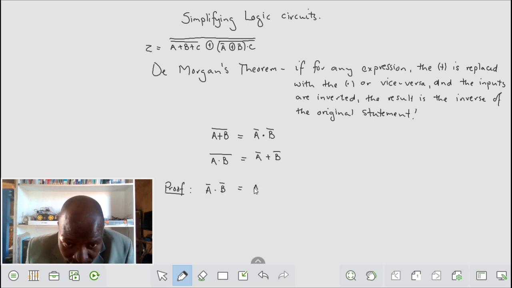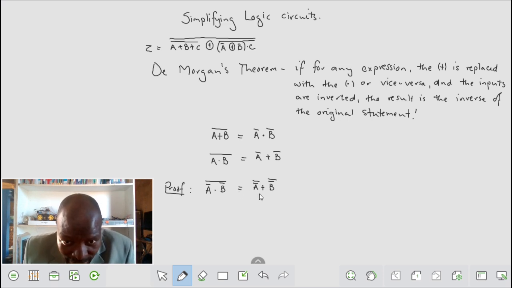We're going to change that AND to an OR, invert the inputs, and the result is the inverse of the original. The inputs were not A and not B, we changed that to a plus, and if we invert those inputs, the result is the inverse of the original.